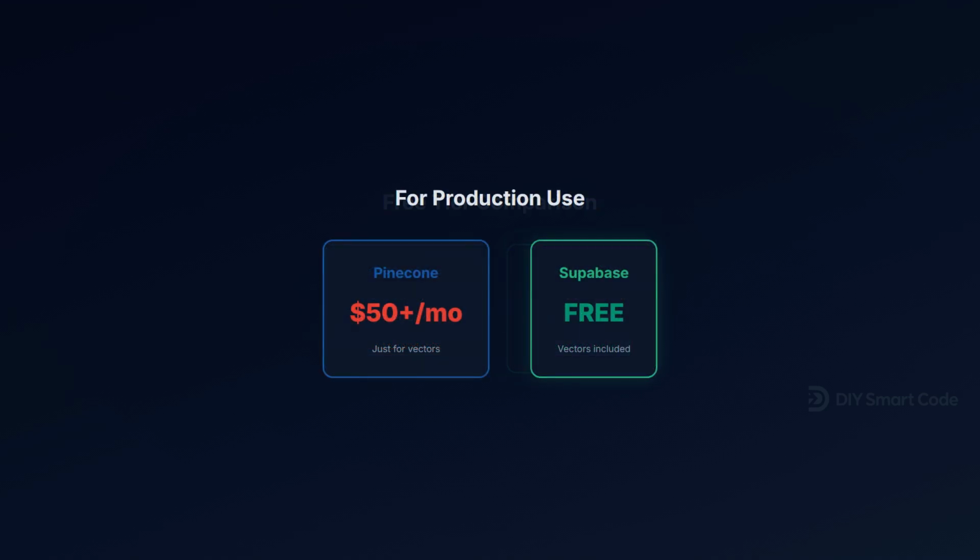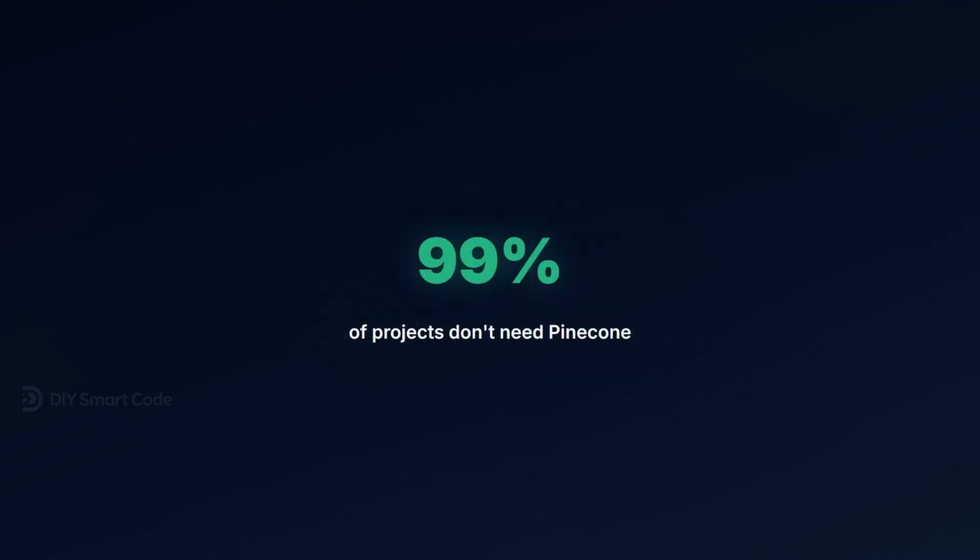Meanwhile, Supabase gives you 500 MB of database storage plus 1 GB of file storage for free, and vectors are just part of your existing PostgreSQL database. No separate service, no sync issues. For 99% of startups and indie projects, Supabase vectors are more than enough. Pinecone is for later, when you're processing billions of vectors. Most projects never get there.